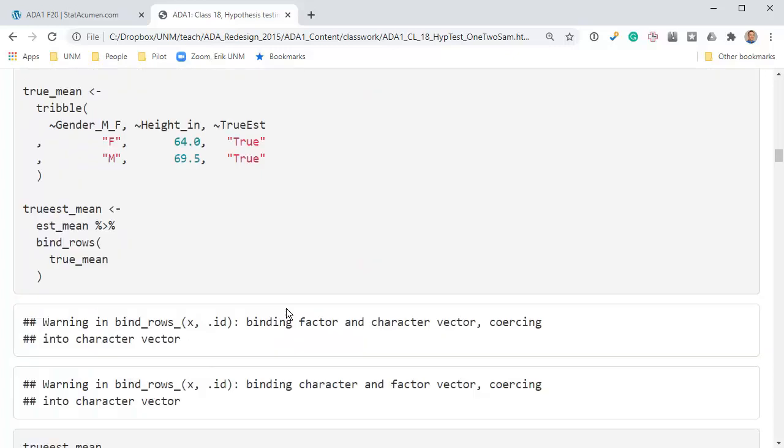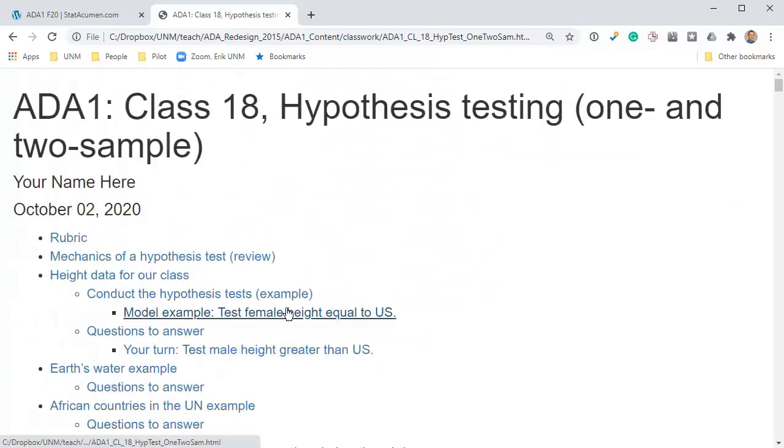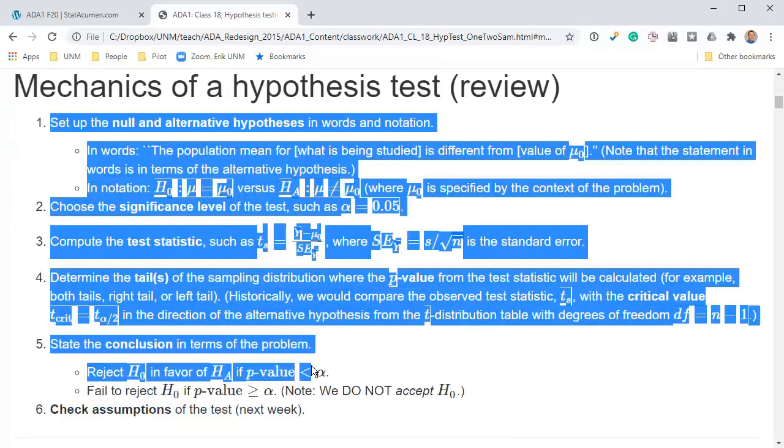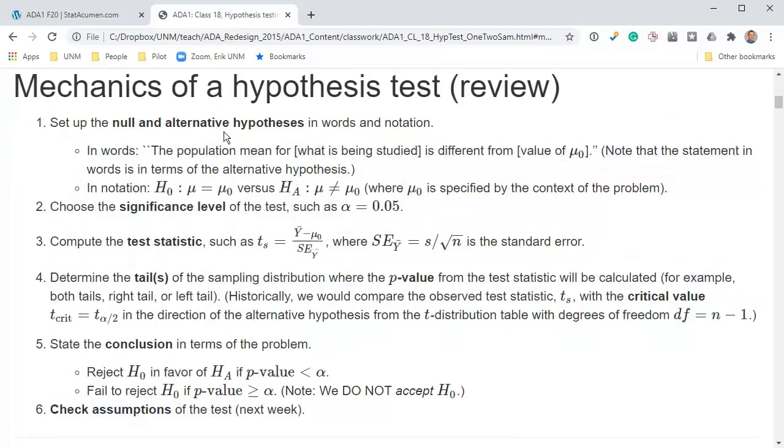So just as we discussed at the beginning of last video, for this hypothesis test we're going to do these first 5 steps. We're going to set up the null and alternative hypotheses in words and notation, choose a significance level alpha, compute the test statistic, determine which tails of the distribution correspond to the p-value that we're calculating, and maybe report the p-value here, and finally state the conclusion based on the relationship between the p-value and the alpha, whether you reject or fail to reject the null hypothesis.